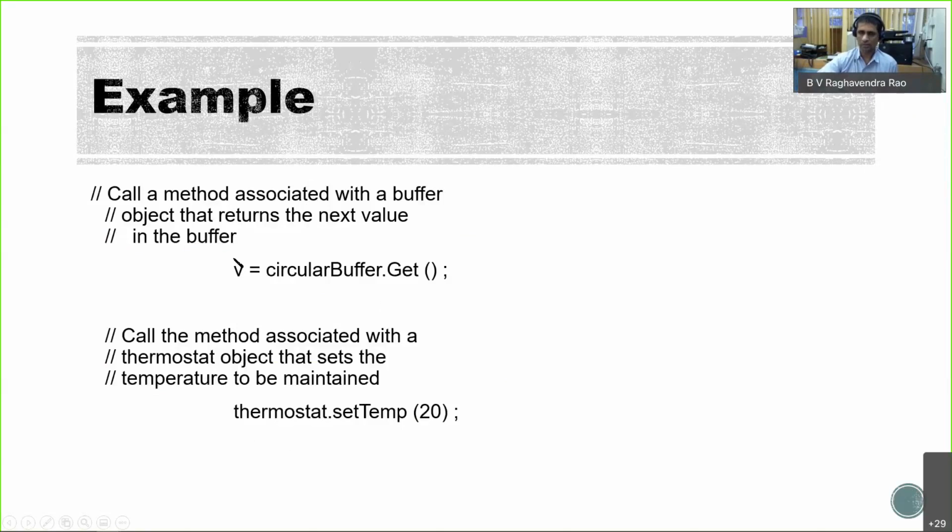This is how we do function calls for a class object. Say you call a method associated with the thermostat object that sets the temperature to be maintained: thermostat.set temp. It's very consistent with the C++ language. It's not exactly the same as C++ or Java, but very closely related. The notations are fairly similar.